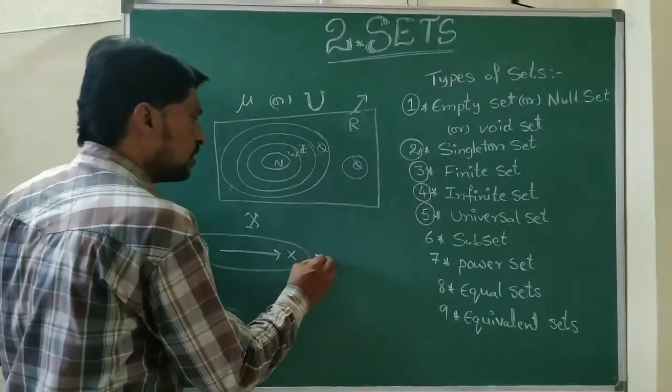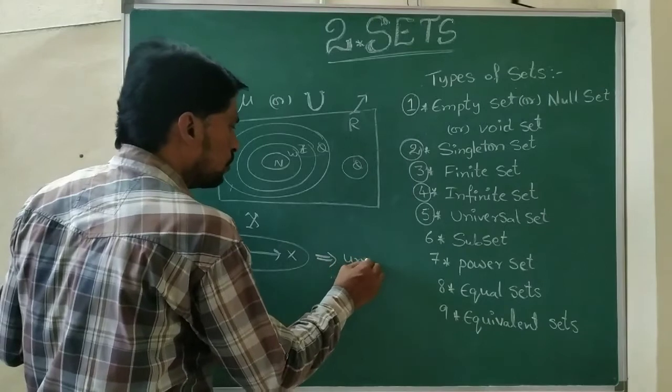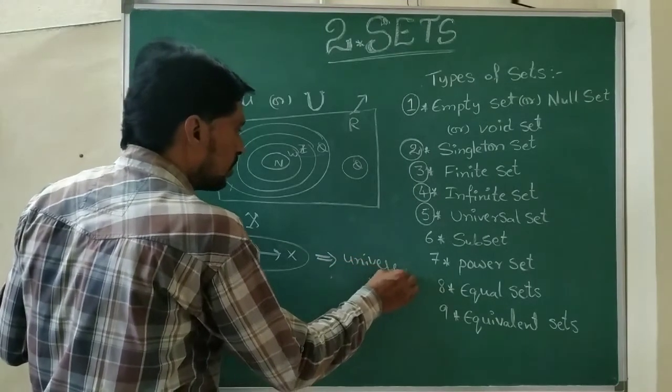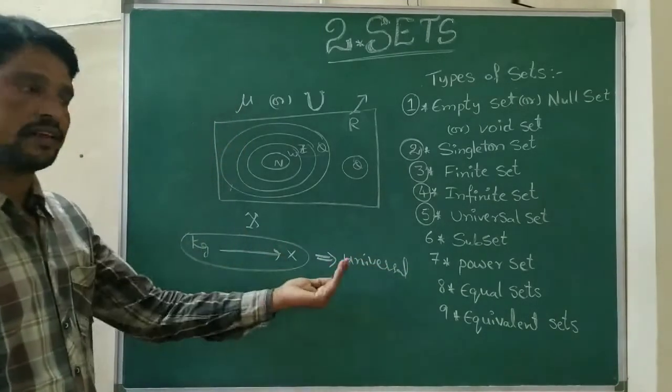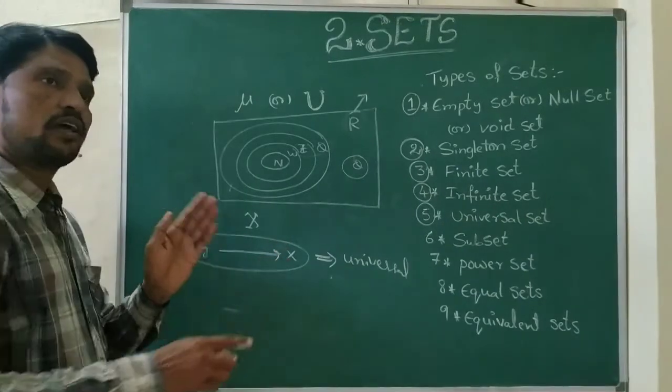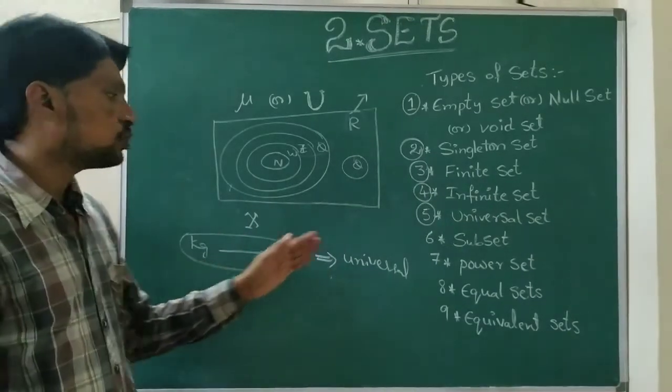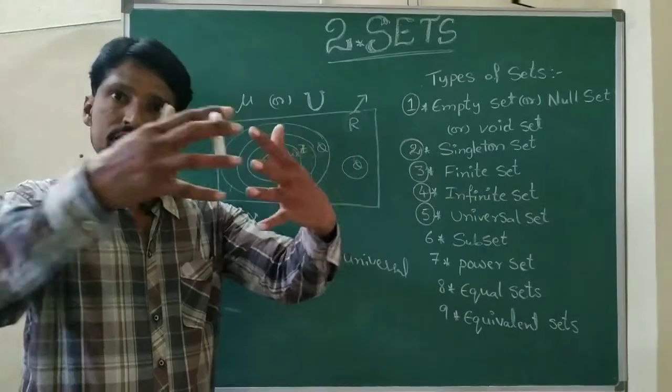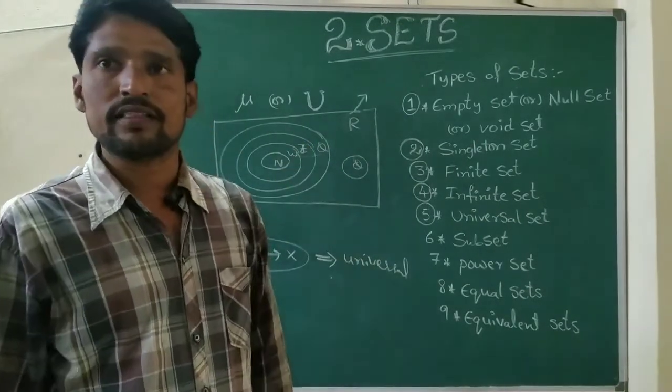All the students belong to the universal set. Each and every class student belongs to the universal set. All mixed together is the universal set.